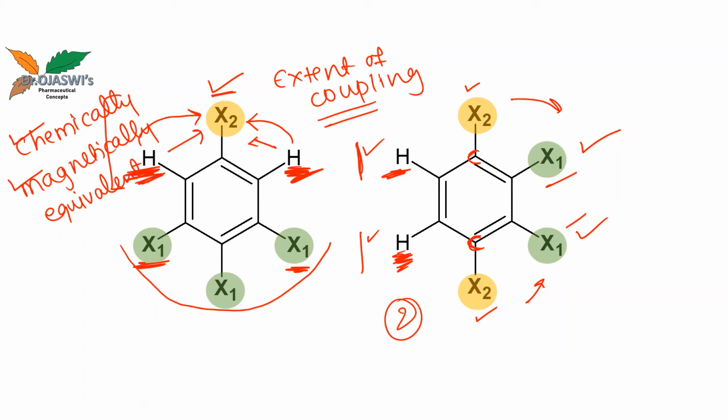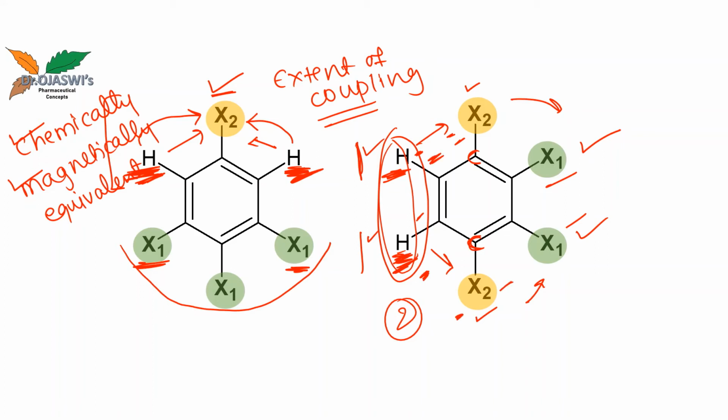But here, the extent of coupling of both these hydrogens with this X2 would be different. Both of them are coupling with this X2, but for this hydrogen it is closer, and for this hydrogen it is far.